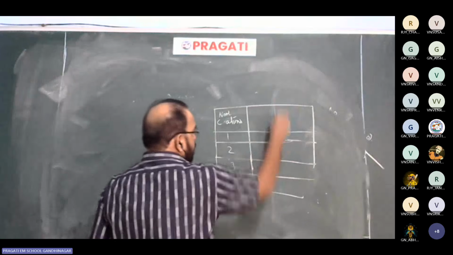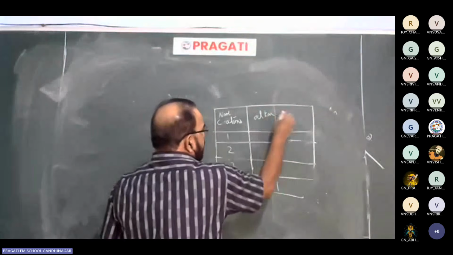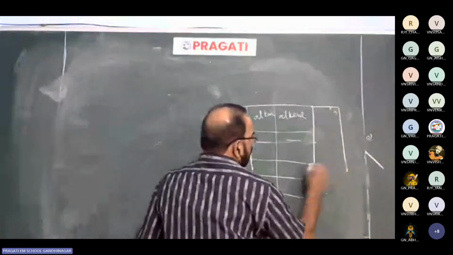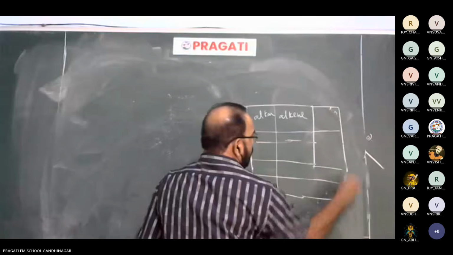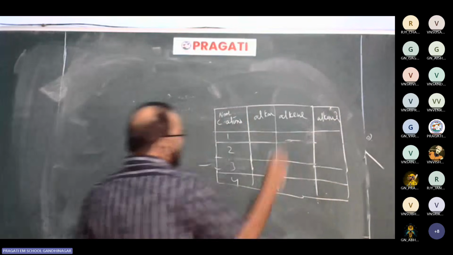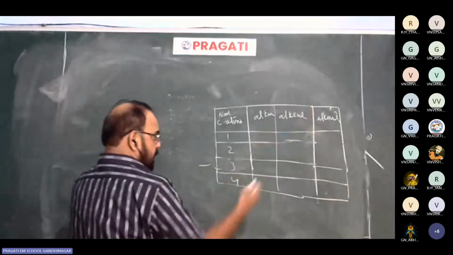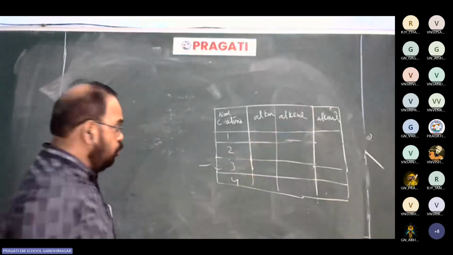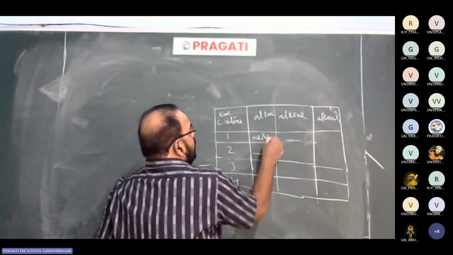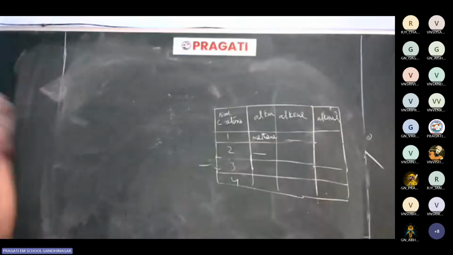And here they may give alkane, alkene, and one more, alkynes. When the number of carbon atoms is 1, they will not give alkene or alkyne because there is nothing there, so there is a dash. For 1 carbon, it is methane. Like that, you need to fill all the columns very carefully.